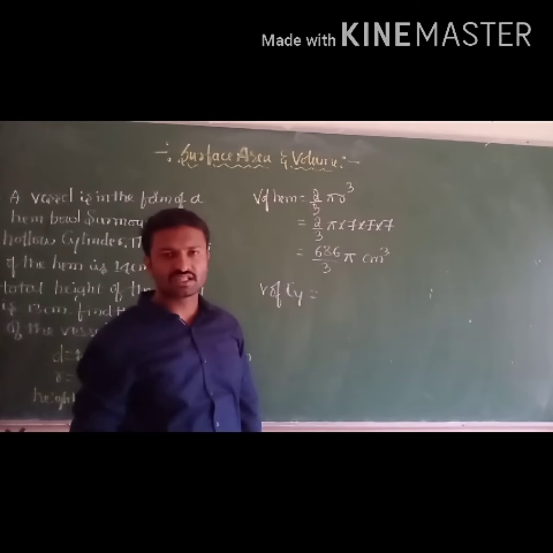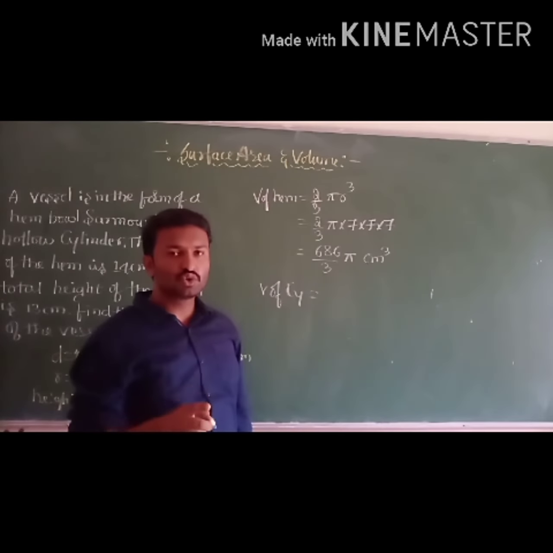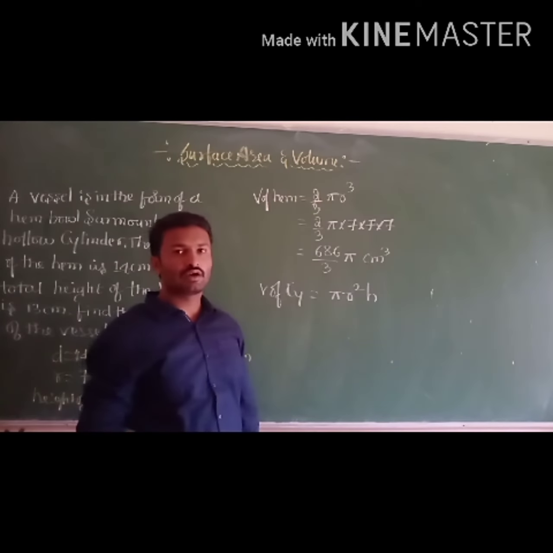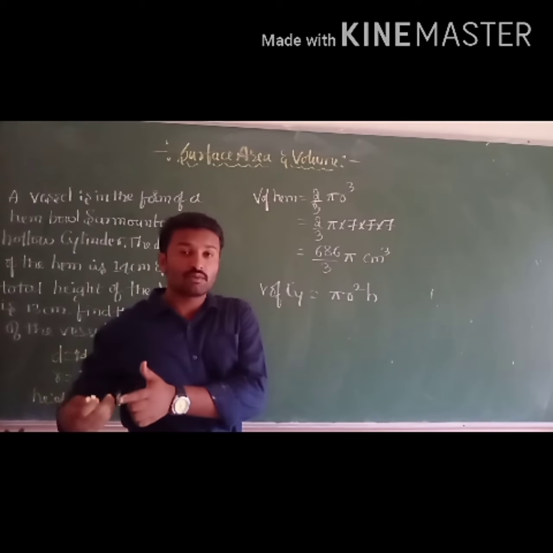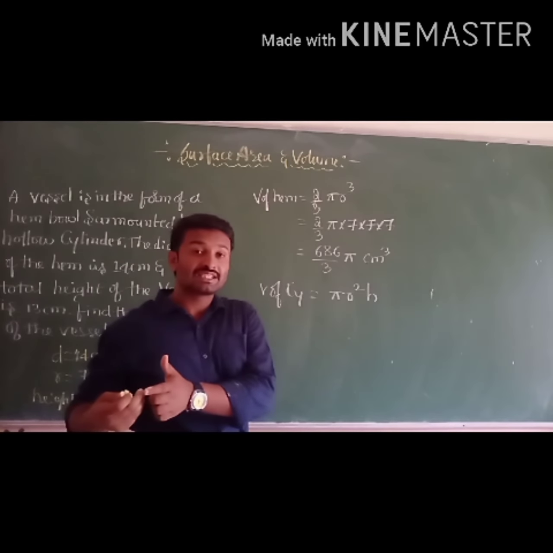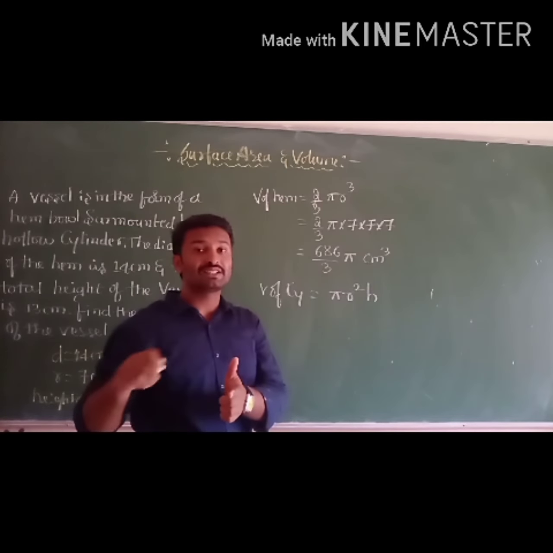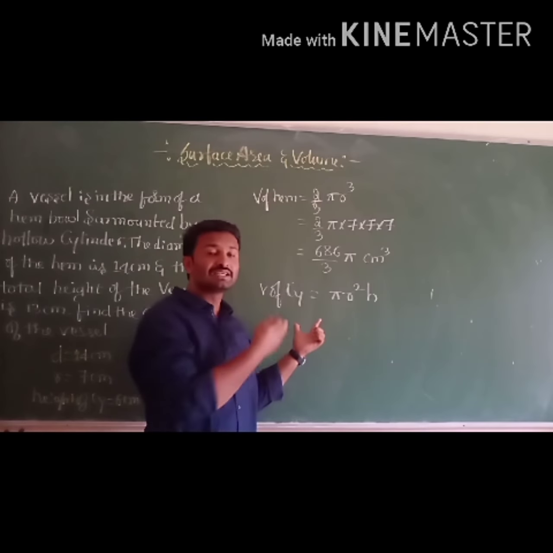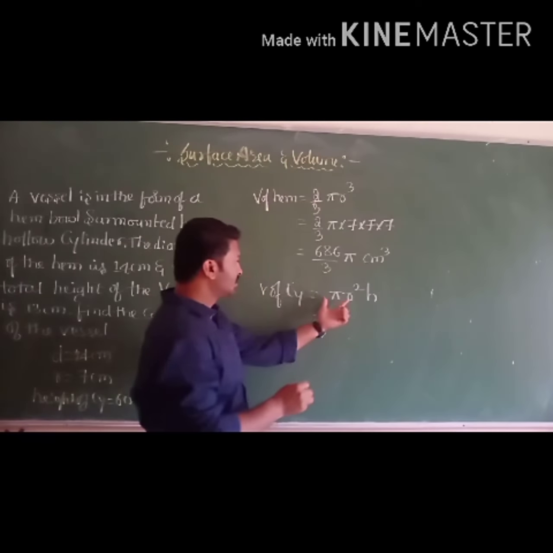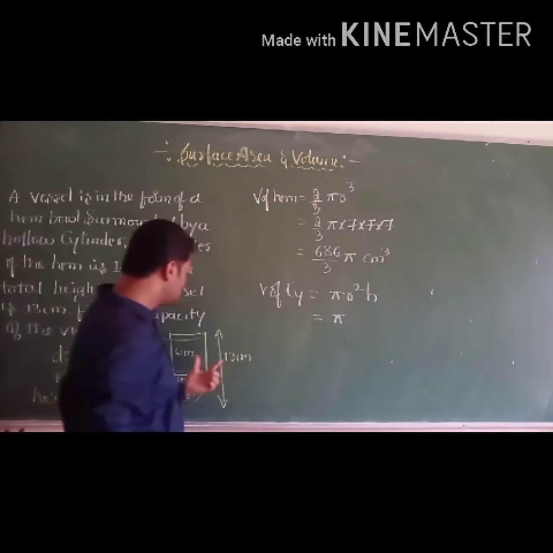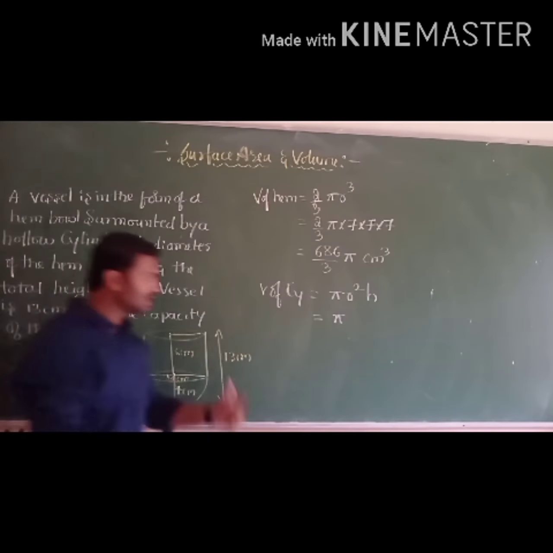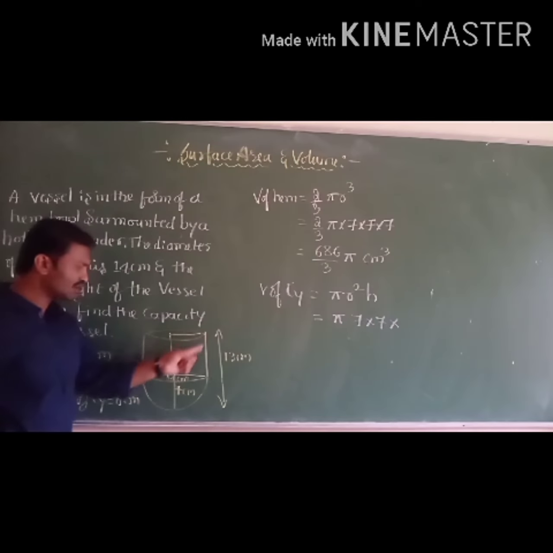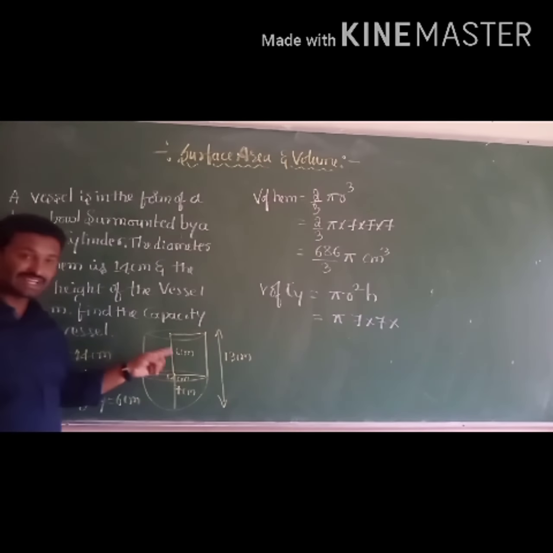Volume of cylinder equals pi r square h is the formula. In the previous problem we considered the volume of a cone as 1 by 3 pi r square h. Here you remove the 1 by 3 and you get the volume of the cylinder: pi as it is, r equals 7 centimeter, 7 into 7, and height is 6 centimeter.